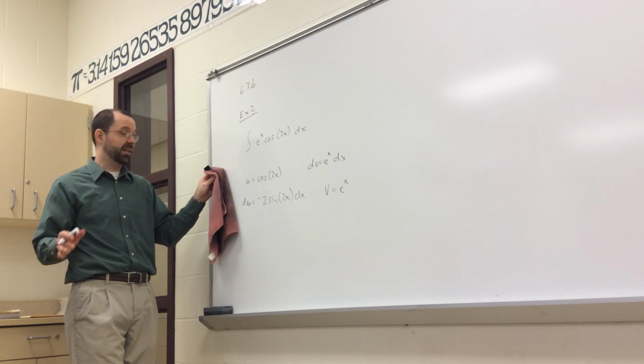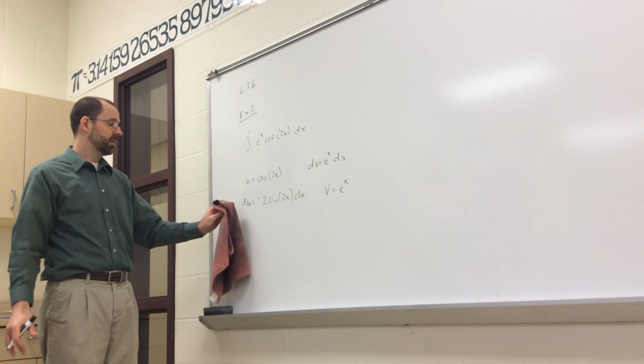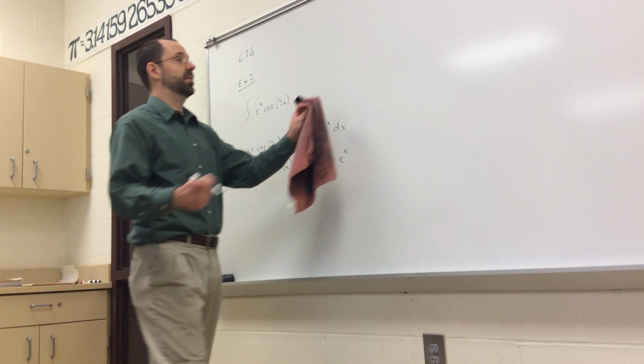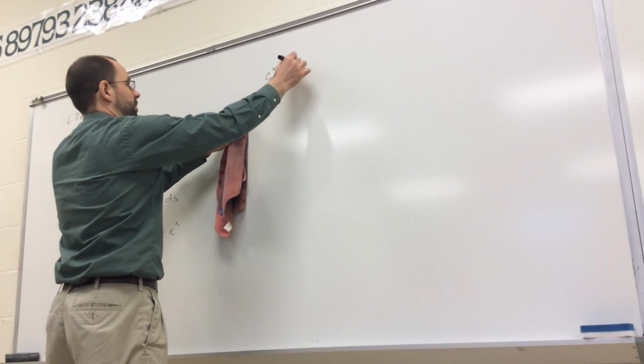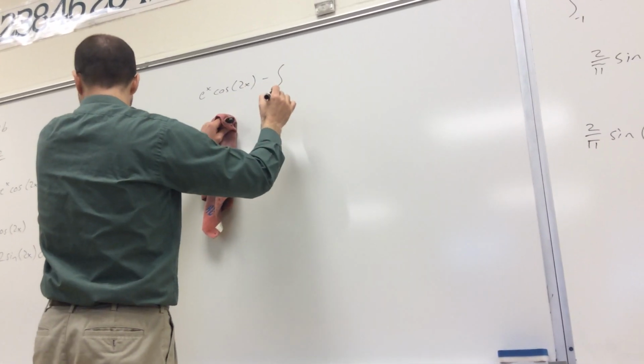Great question, because you're right. They're mixed up problems on the homework and on the AP test. So, okay, so then you take u times v. So that's e to the x cosine of 2x, minus the integral of v du.